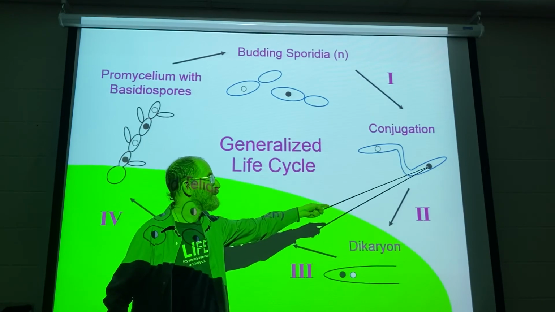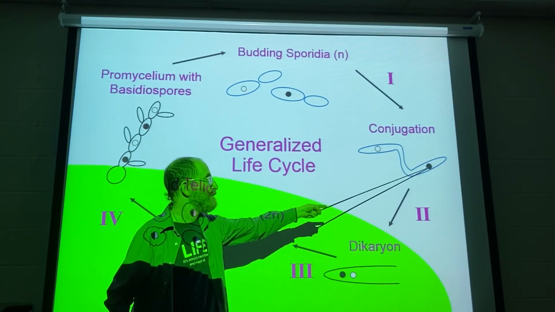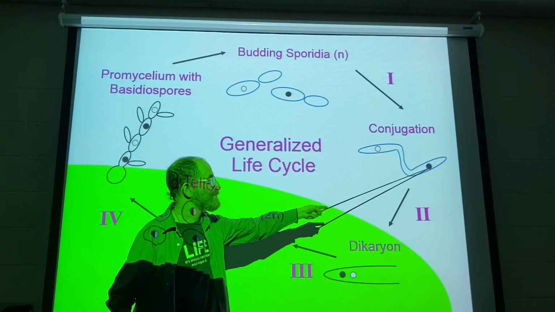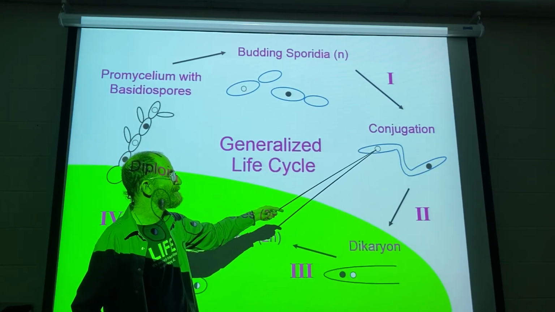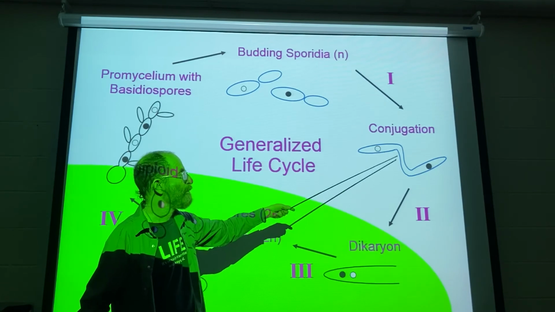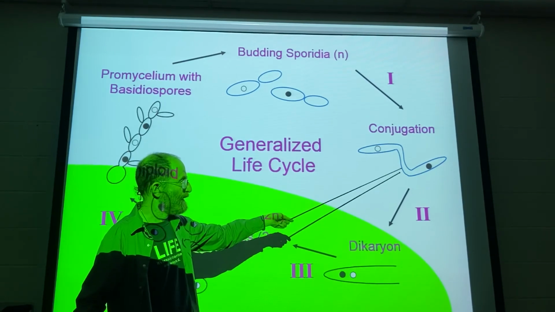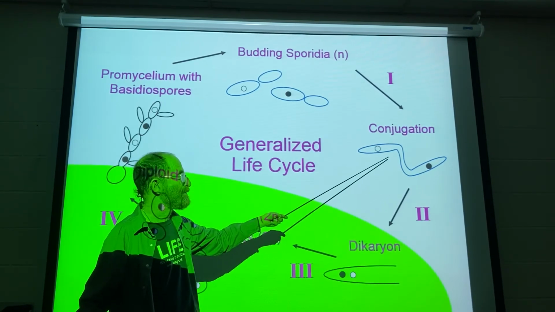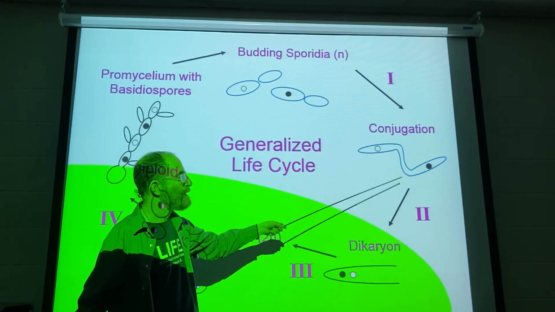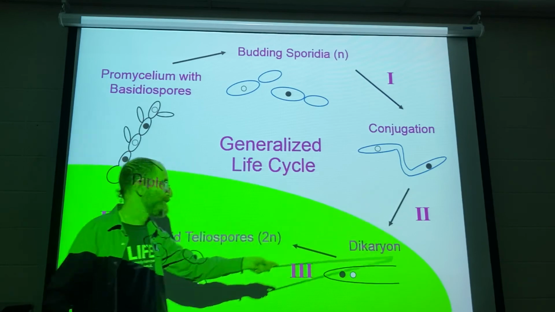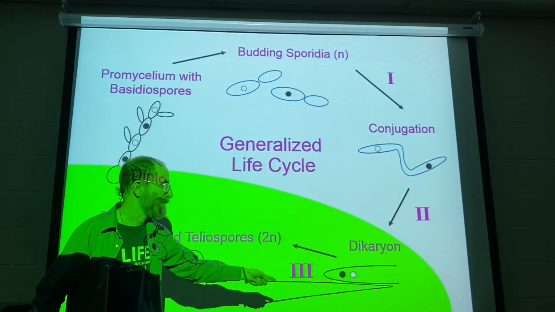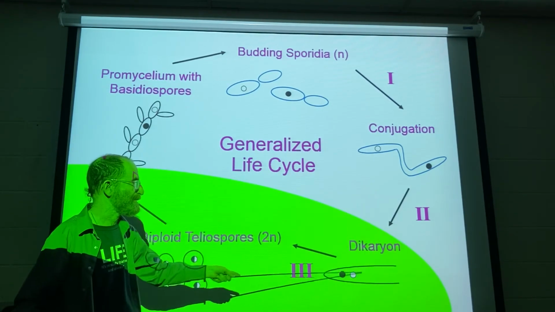That means if this one is producing, say, the B East 1 and B West 1 versions, and this one is producing the B East 2 and B West 2 versions, when they're together in this cell, if they're compatible like that, then you can get a B East 1, B West 2 heterodimer, and that will lead to the formation of this dikaryon. The dikaryon, we said, is filamentous.